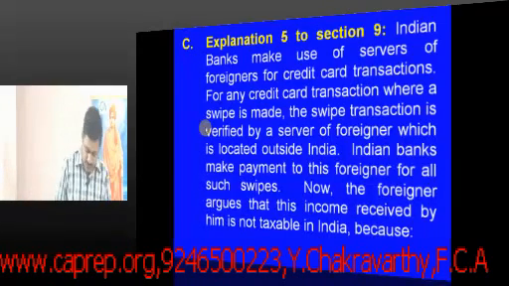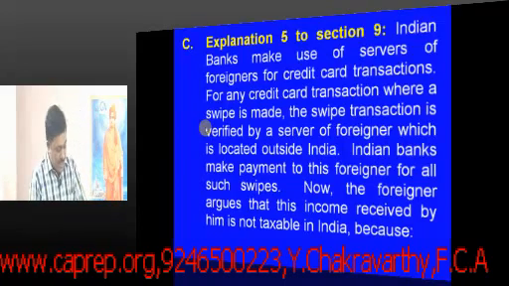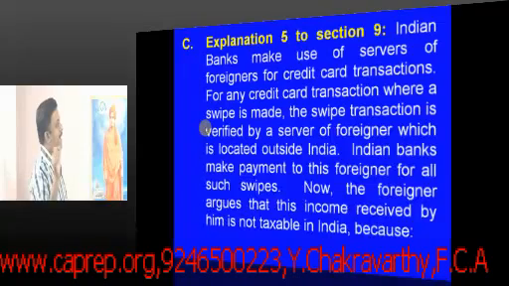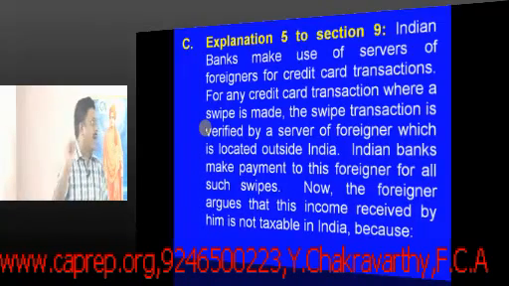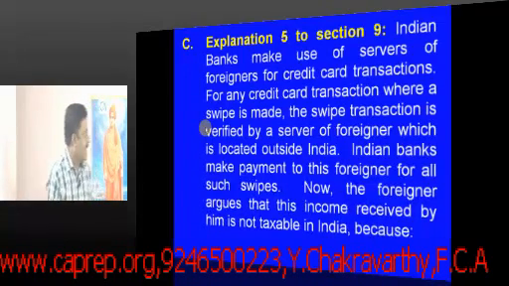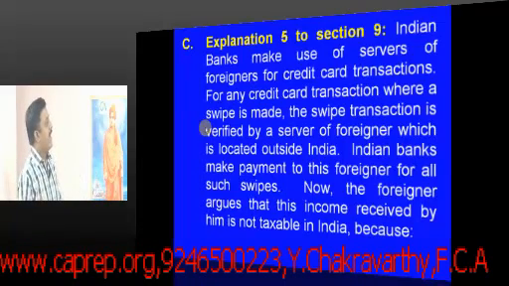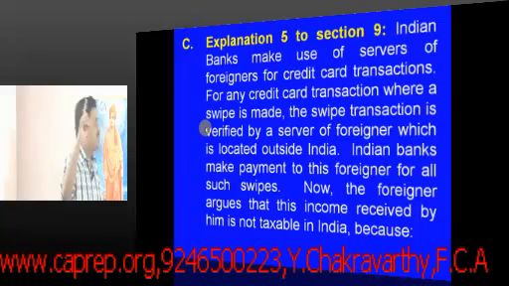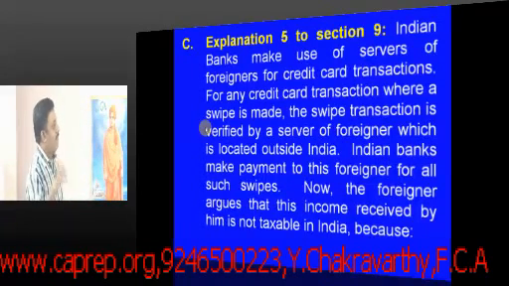Now I am moving to explanation 5 to section 9. What does it say? Indian banks make use of the servers of foreigners for credit card transactions. So for any credit card transaction where a swipe is made, the swipe transaction is verified by the server of the foreigner which is located outside India.